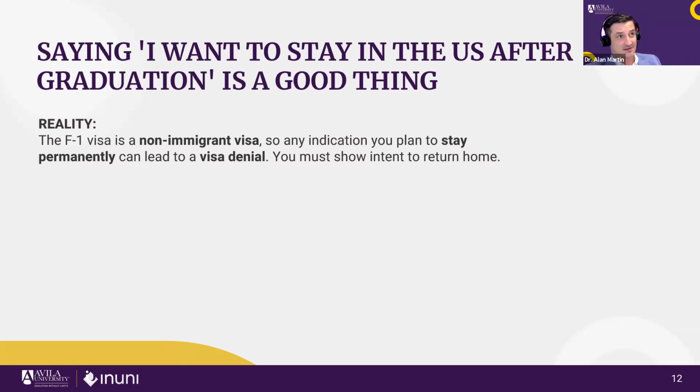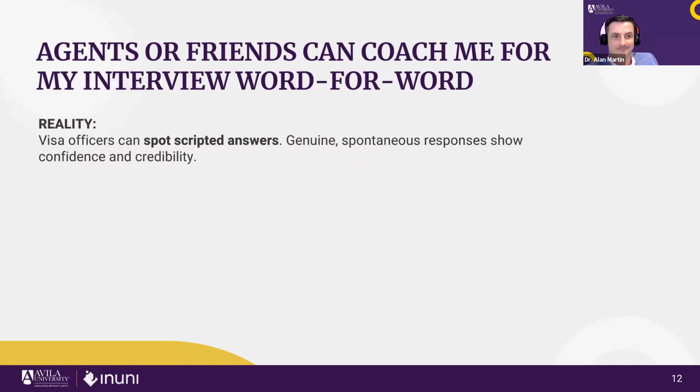It will typically be at least a few years before you're even thinking about the next steps. If you're thinking too far ahead and thinking that I absolutely want to remain in the United States, that ultimately is not the purpose of the F1 visa. So just keep that in mind when you're going through this process. Absolutely.